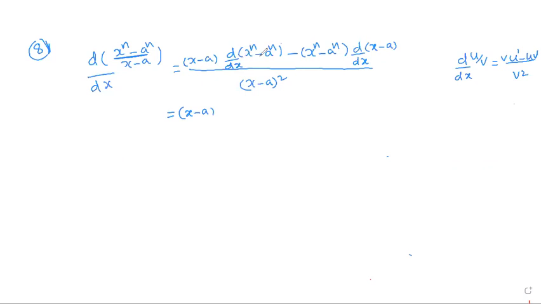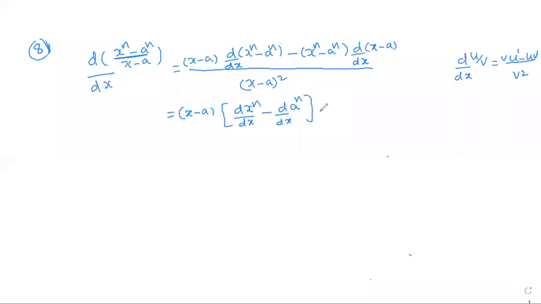Right? Now (x minus a) under bracket. Next, where plus or minus is given, separate the derivative: derivative of x power n by dx minus derivative of a power n, bracket close.